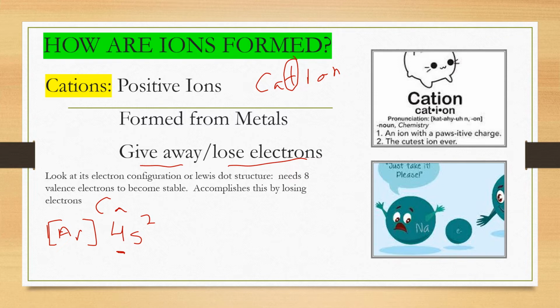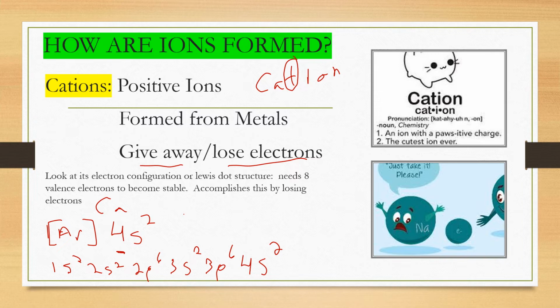All right, let me write out its ground state: 1s2, 2s2, 2p6, 3s2, 3p6, 4s2. So remember, it needs to have 8 electrons in its highest energy level. So it needs to have the same configuration as a noble gas.